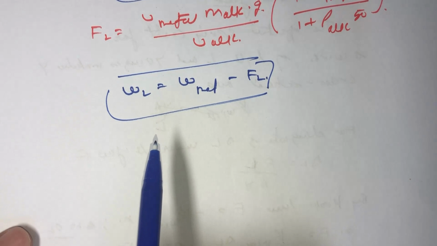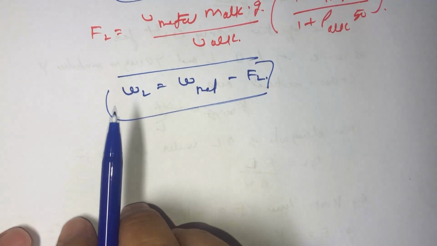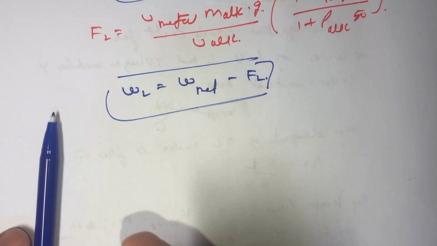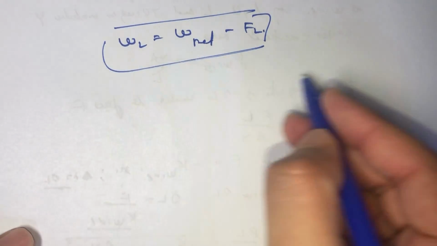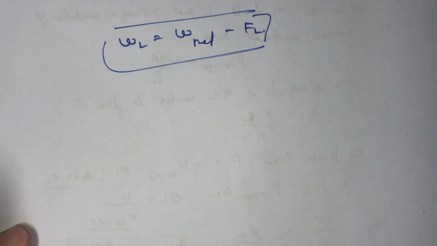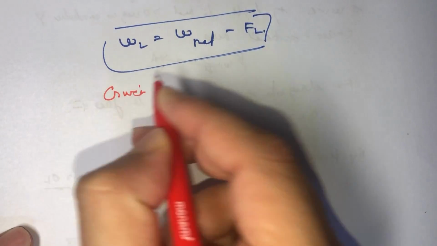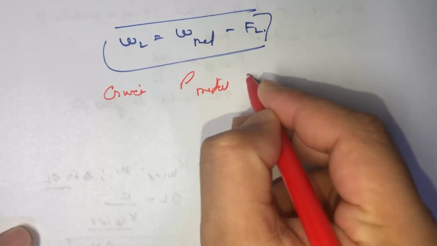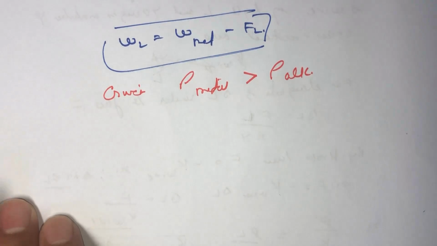But it is given that the density of metal is greater than the density of alcohol.